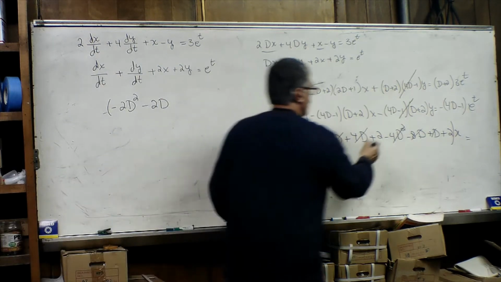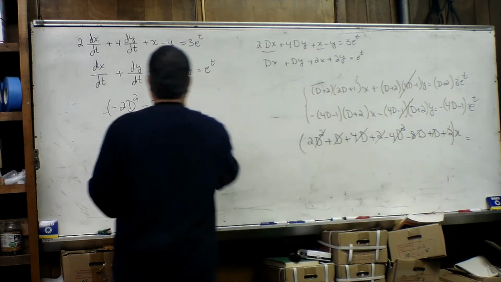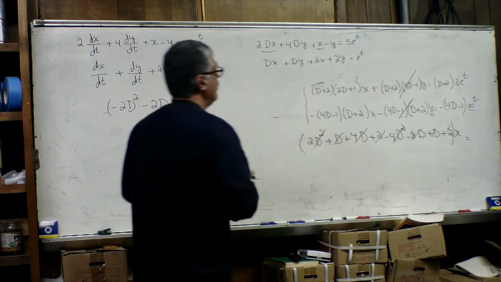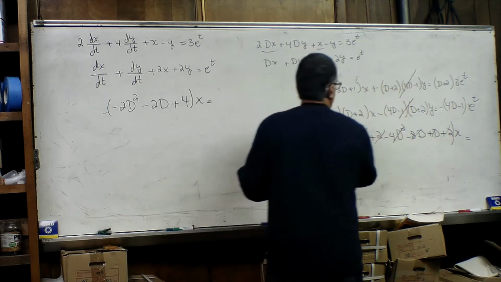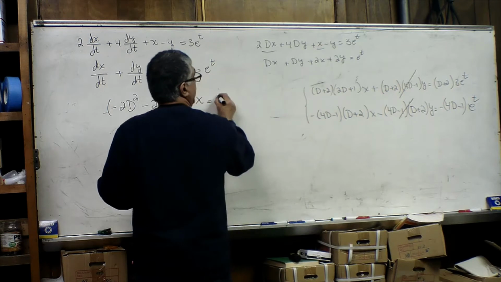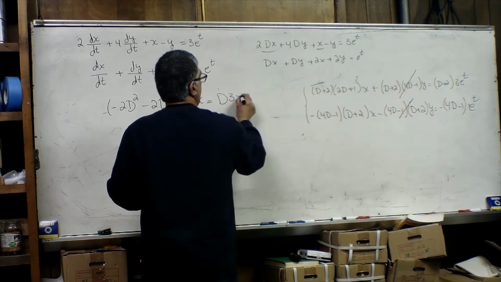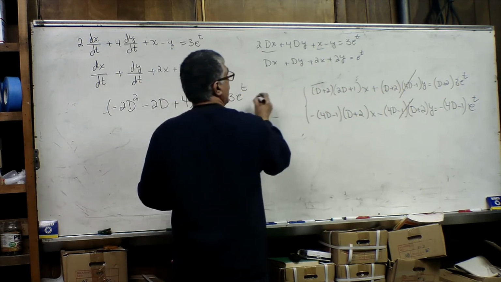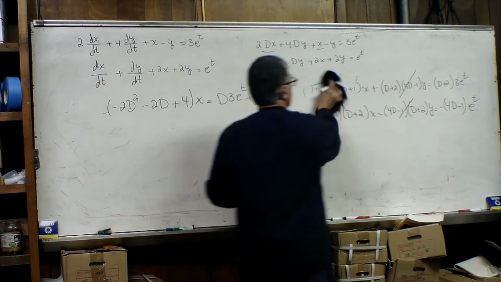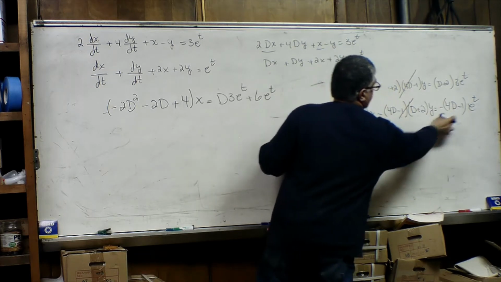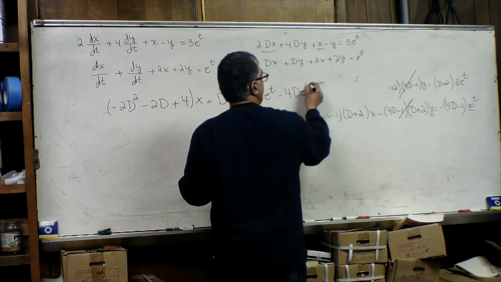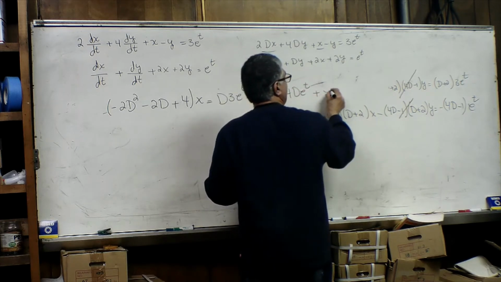And 2 plus 2 is 4, plus 4, x is equal to the addition of those two right sides: D of 3e to the power t, plus 6e to the power t, plus that, which would be minus 4D e to the power t and plus e to the power t.